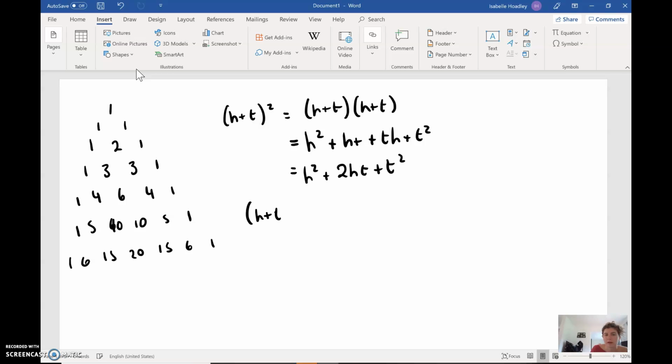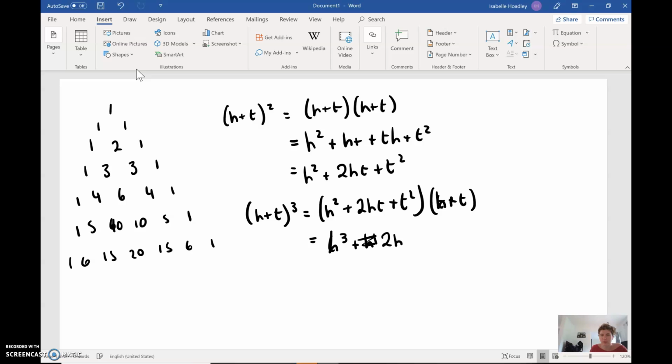If we were going to look at (h + t) cubed, we could take our (h + t) squared expression, multiply it by another (h + t), and again you could FOIL it, and you'd get h cubed plus 2h squared t plus h t squared plus h squared t plus 2h t squared plus t cubed.